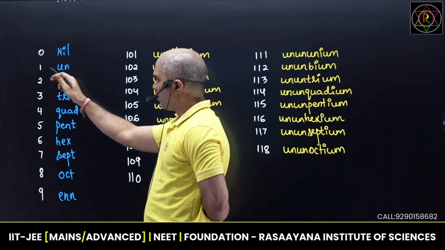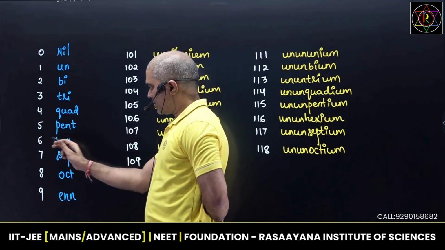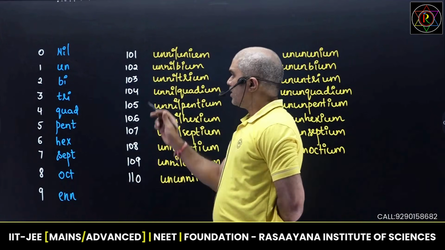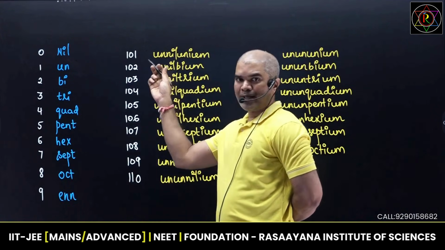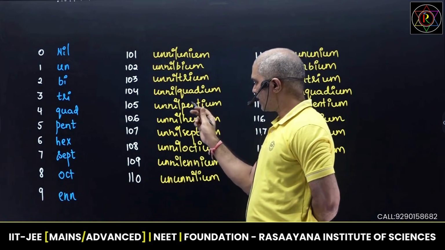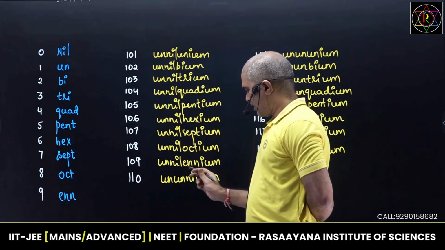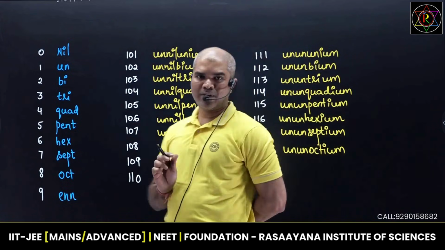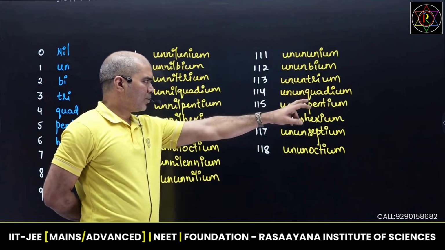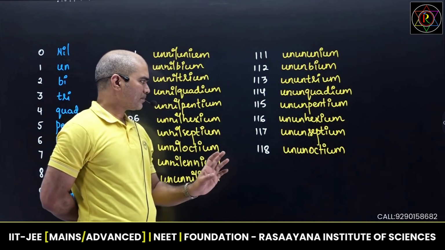For 0 is nil, 1 is un, 2 is bi, 3 is tri, 4 is quad, 5 is pent, 6 is hex, 7 is sept, 8 is oct, 9 is n. Accordingly, we have 101 to 118 elements. In that we have unnilunium, unnilbium, unniltrium, unnilquadium, unnilpentium, unnilhexium, unnilseptium, unniloctium, unnilennium, and ununnilium. That is up to 110. From 111, unun-unium, ununbium, ununtrium, ununquadium, ununpentium, ununhexium, ununseptium, and ununoctium.